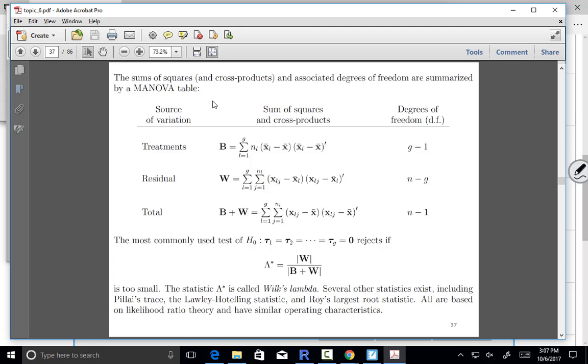And remember, ANOVA is all about how much variation is there between the groups relative to how much variation is there within the groups. Same thing with MANOVA. The variation is now in terms of variances and covariances. So these are matrices now instead of scalar sums of squares. But it's the same idea conceptually.